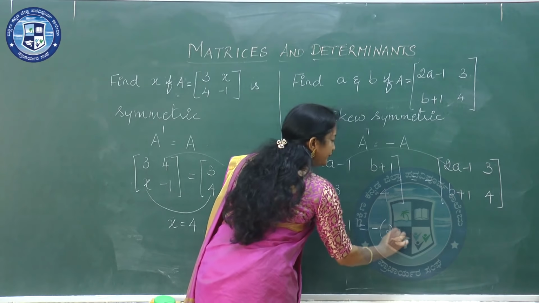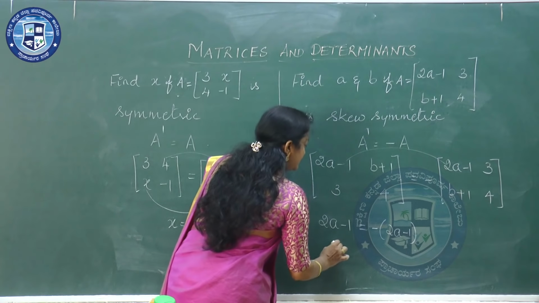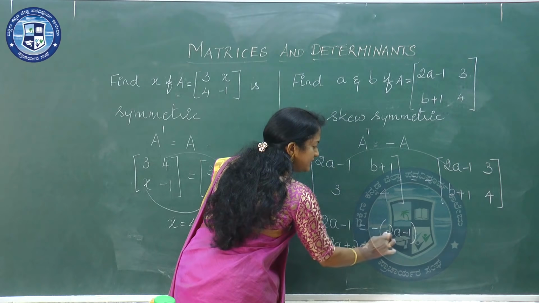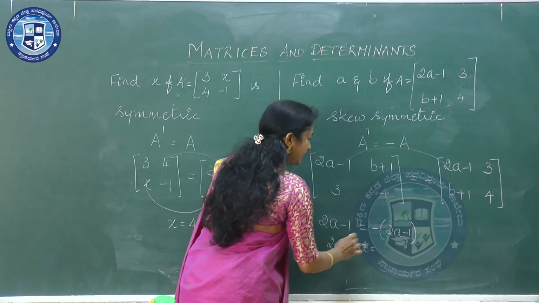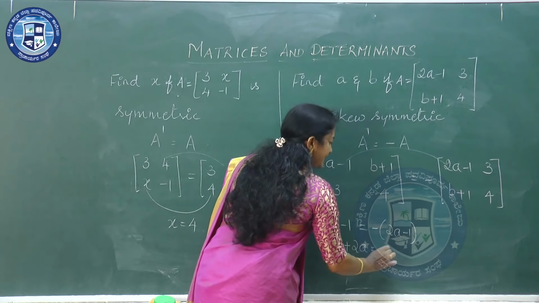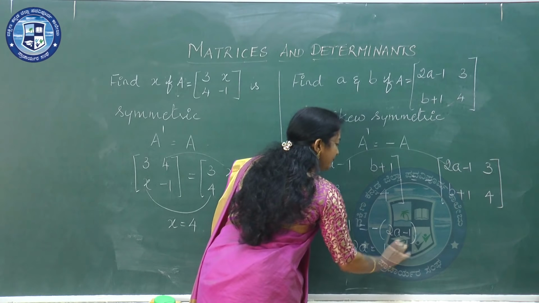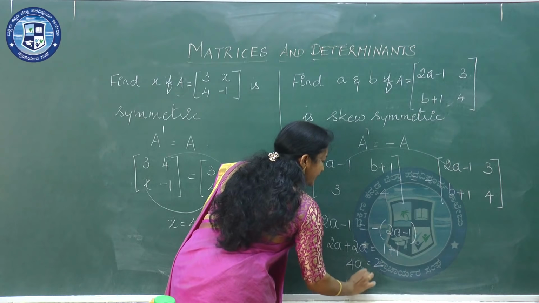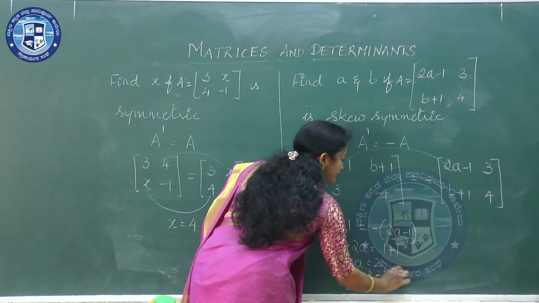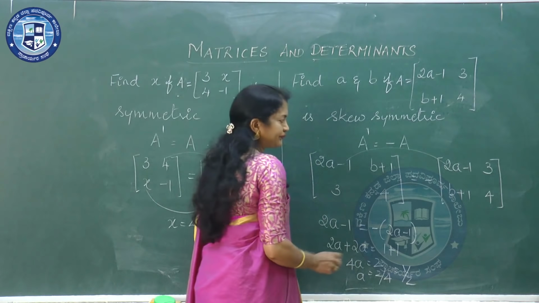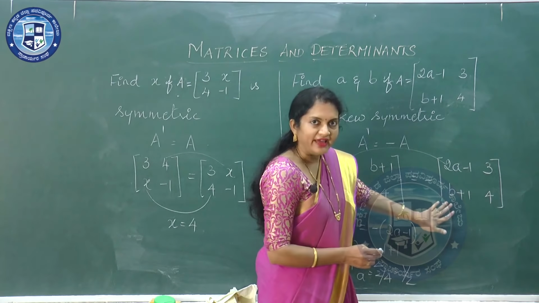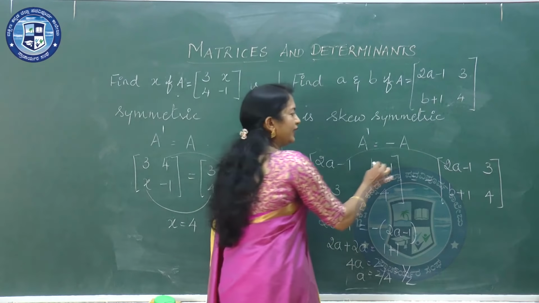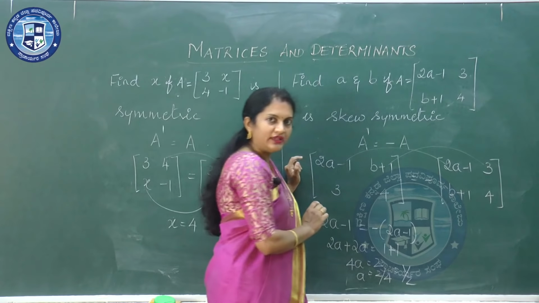That is 2a plus 2a, since minus 2a comes to this side as plus 2a, and minus of minus becomes plus 1. So 4a is equal to 2, a is equal to 2 by 4, which is 1 by 2. So you got the value of a as 1 by 2. Now to get the value of b, you can equate these two elements.